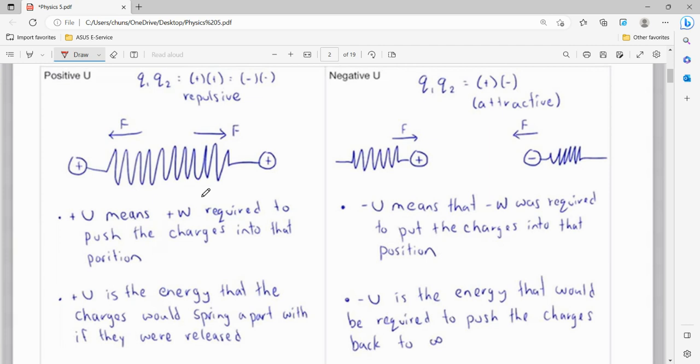electric potential energy and give you a visual for how you can think about it as a model. We talked about that in our previous video. If we were to hold two positive charges apart, they're going to want to go apart.